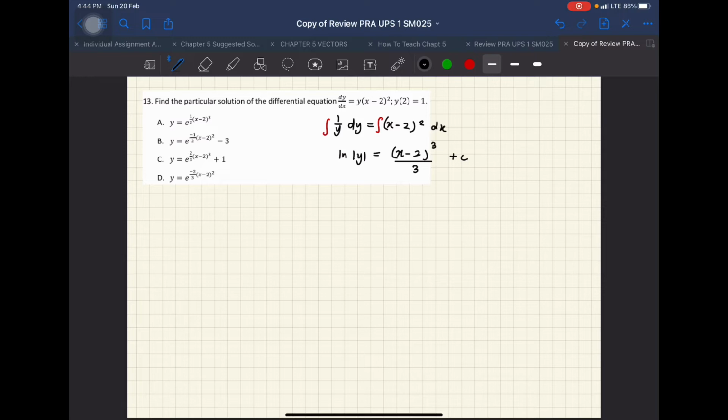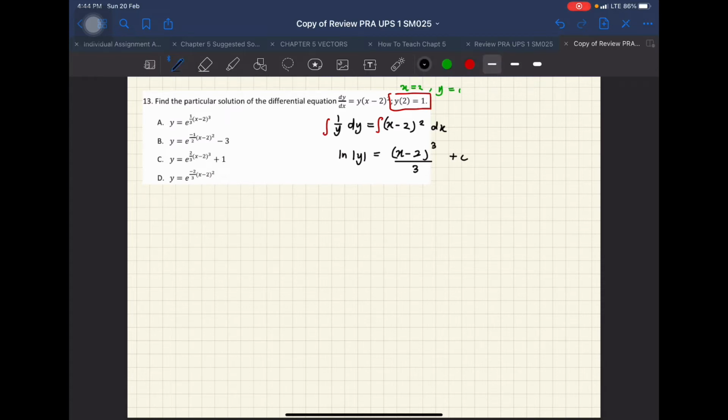Okay, we have the values that the question gave. So we have x equal to 2, y equal to 1. Alright, so when x is equal to 2, what do you get? You have (2 minus 2) to the power of 3 over 3. Actually there is no need to write it, it will save your time.